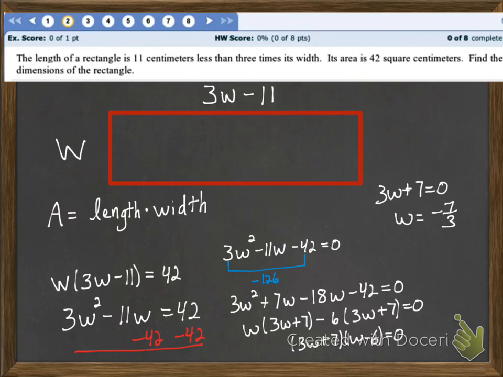Or W minus 6 is 0, in which case we get W is equal to 6. Now remember, we're talking about dimensions here. Since we're talking about a length, you cannot have a negative length. So there's only one answer here that's valid, and that is W equals 6.